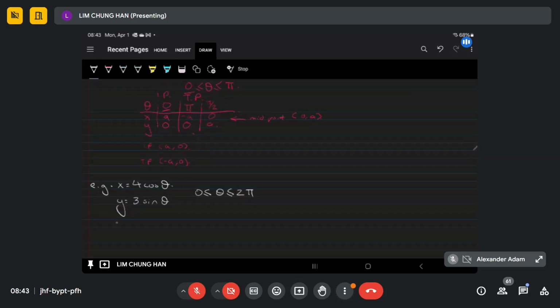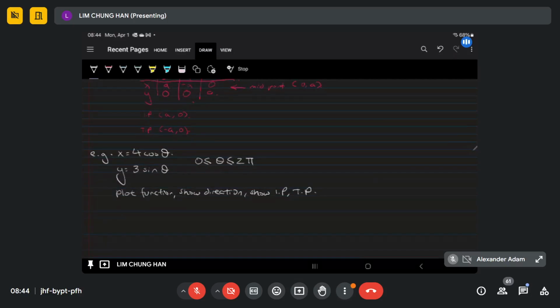The instructions are the same: plot the function, show direction, show the initial point, show the terminal point.